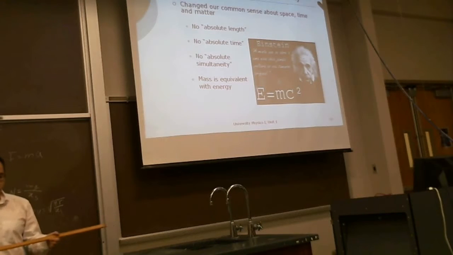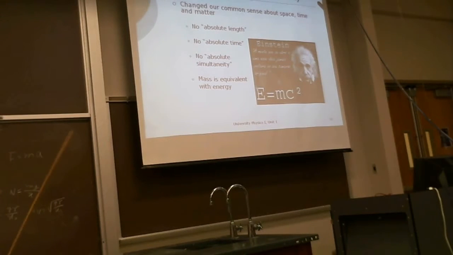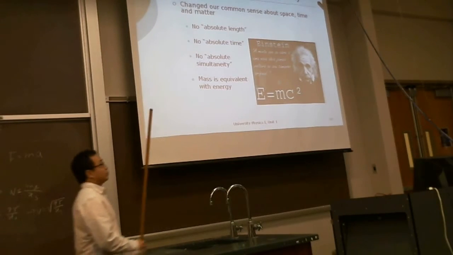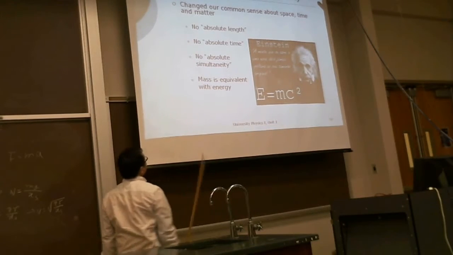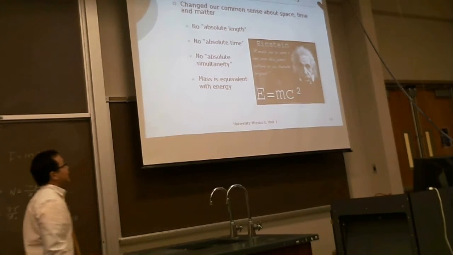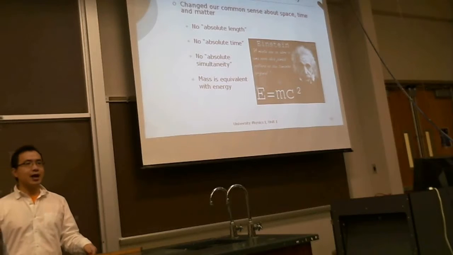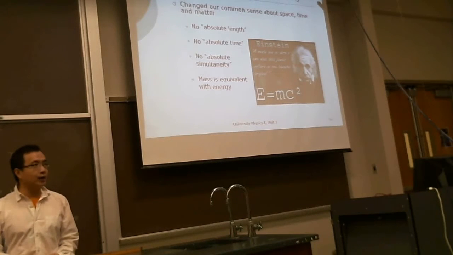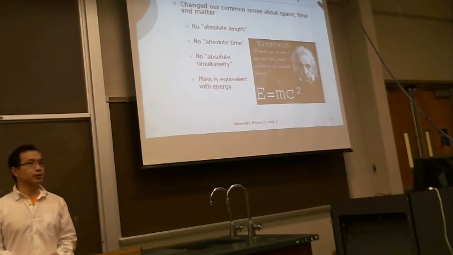It's of course related to time travel, if you can change the time by motion. And also there is no absolute simultaneity. If two things happen at the same time in one reference frame, they may not happen at the same time when looking from another reference frame.